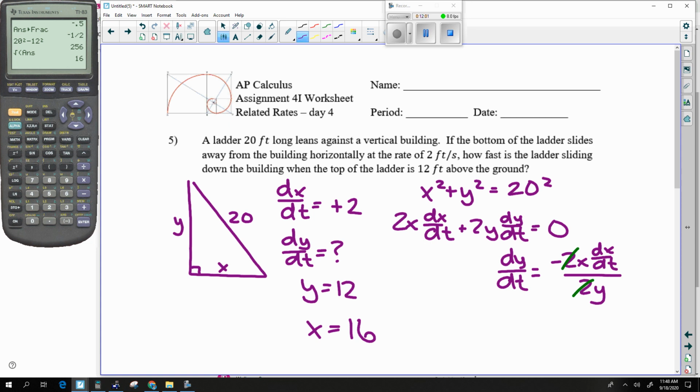So this is negative x times dx/dt divided by y.